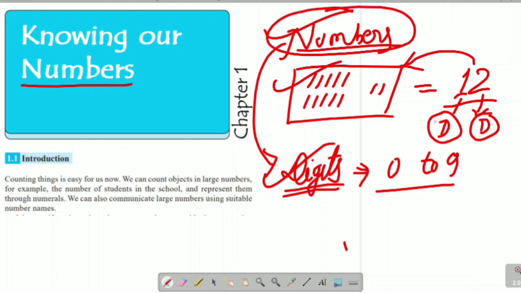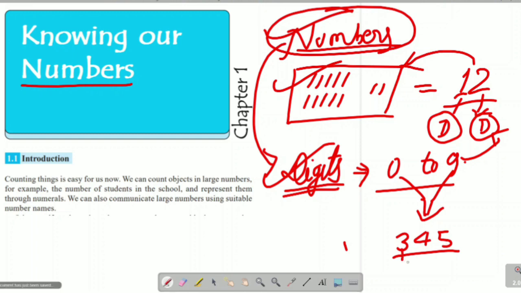This group of digits is making numbers. In another way, digits can also form 3-digit numbers like 3 4 5. How will you read it? It is 345, and here 3 is a digit, 4 is a digit, 5 is another digit.